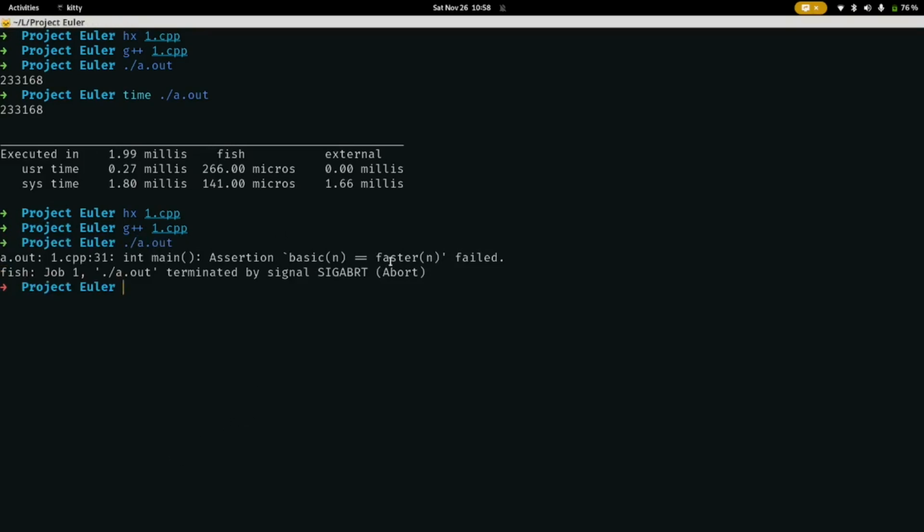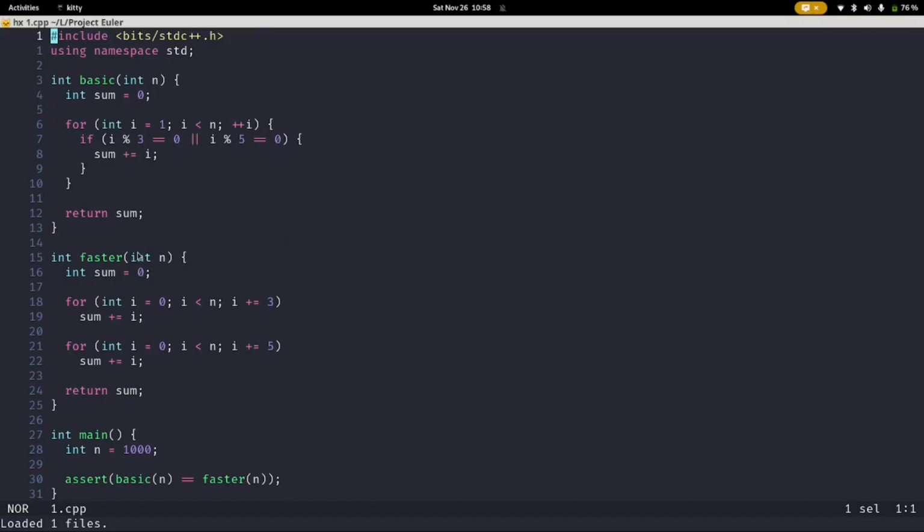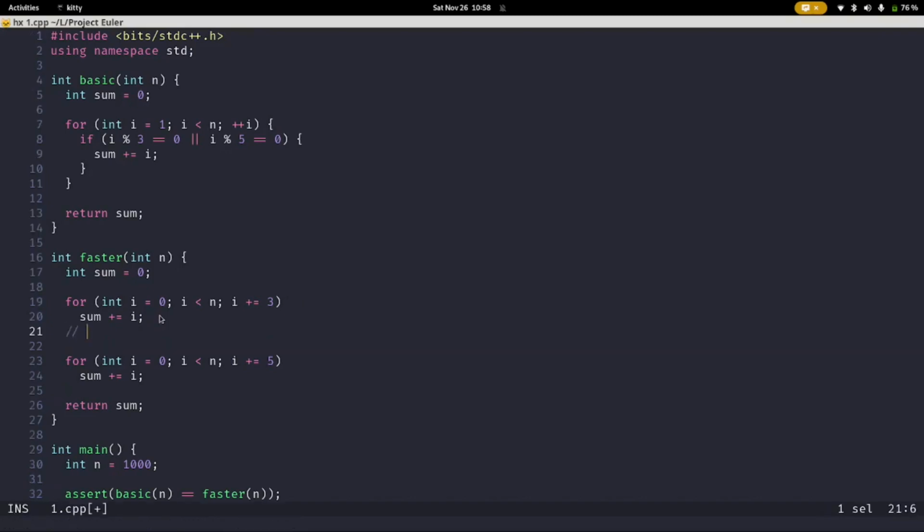It says assertion failed. We have made a very classic mistake in our implementation of the faster method. We are adding all the multiples of 3 here and all the multiples of 5 here. So let's take a look at what numbers are being added. Over here we're adding numbers like 3, 6, 9.